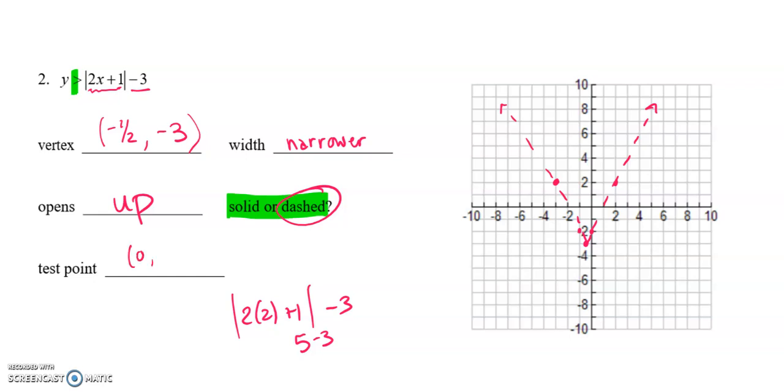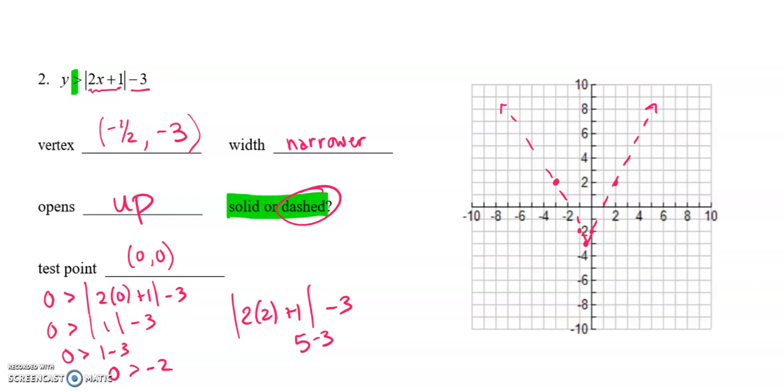And a test point. So where's a point that I know for sure where it falls? I know where 0, 0 falls. So I'm going to plug in 0, 0. So that's going to say 0 is greater than absolute value 2 times 0 plus 1 minus 3. 0 greater than absolute value of 1 minus 3. 0 greater than 1 minus 3. 0 greater than negative 2. True or false?